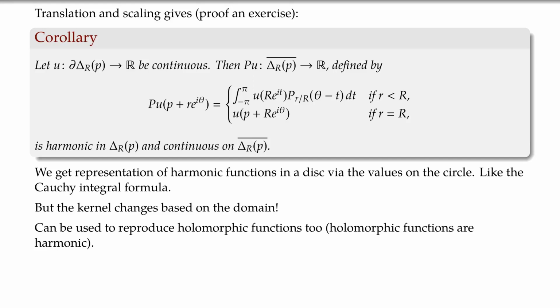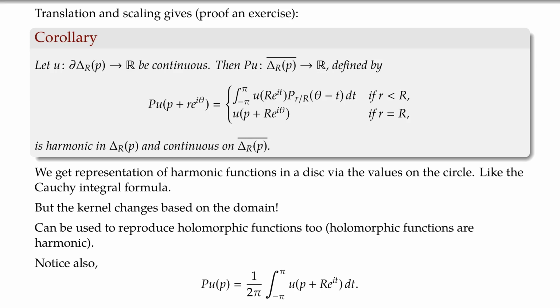Integrating a complex valued function is just integrating the real and imaginary parts separately, and the Poisson kernel is real. So all of what we did would actually work with complex valued u, and we get complex valued harmonic functions. So you could actually use it to reproduce holomorphic functions too, and this is sometimes useful.